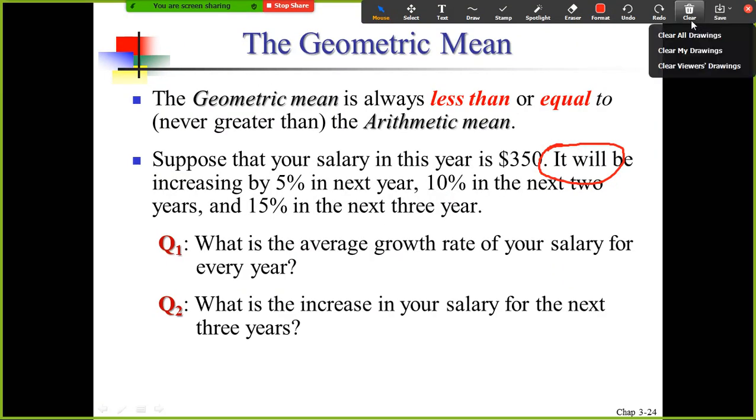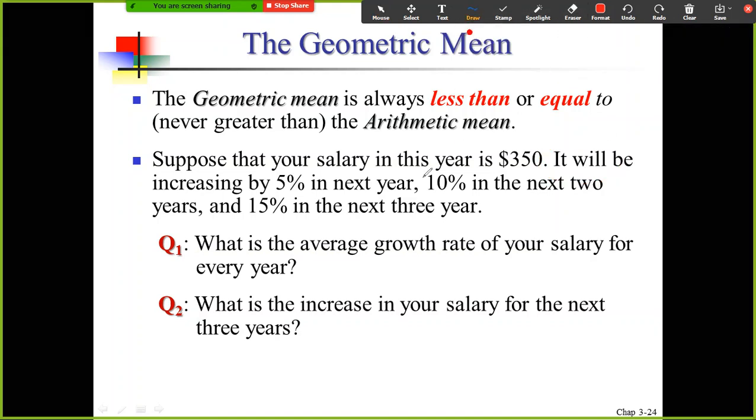Suppose that we have a growth rate every year. Year 1 we have a growth rate, a percentage, or an index, or a ratio. Year 2 we have a growth rate, a percentage, an index, a ratio. Year 3 we have, year 4 we have, year 5 we have. That's why in case 1, if you have a percentage, growth rate, ratio, or index every year, you can find the average growth rate by using the geometric mean.